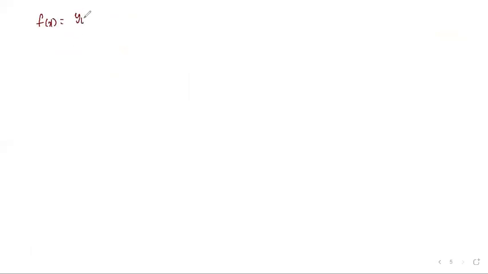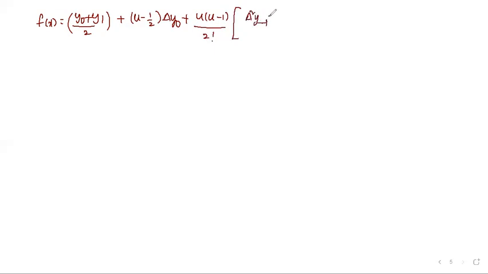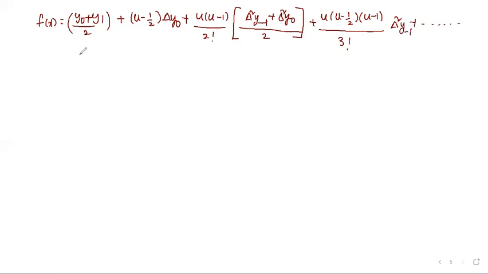F of x is equal to y0 plus y1 by 2 plus u minus half into del y0 plus u into u minus 1 by 2 factorial into the average of del square y minus 1 and del square y0 by 2, plus u into u minus half into u minus 1 by 3 factorial into del cube y minus 1, and so on, where u is equal to x minus x naught by h.